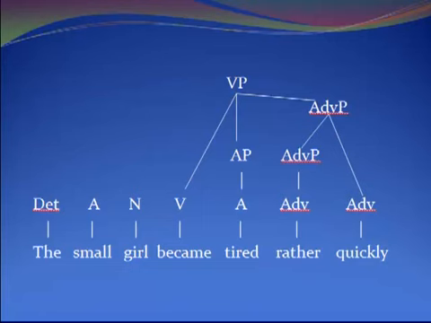Okay, then we move to the noun phrase, and we've got a noun, which we know is going to be the head of the noun phrase. The next word is the adjective. Now, adjective needs to be the head of an adjective phrase. What is it? Well, the next word is the determiner, so that's going to go in the noun phrase.